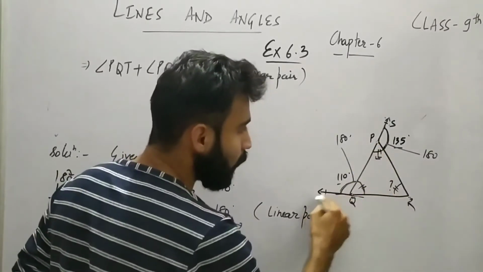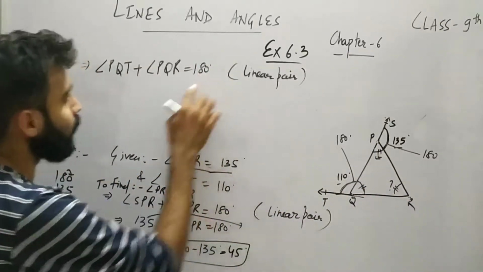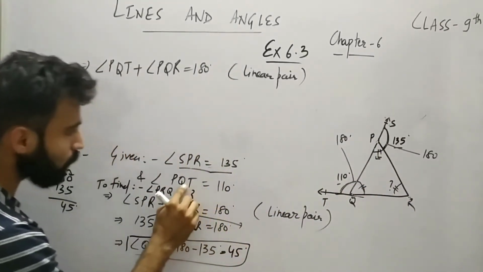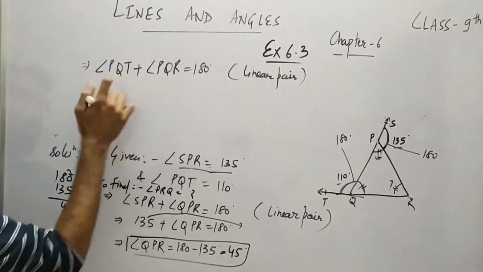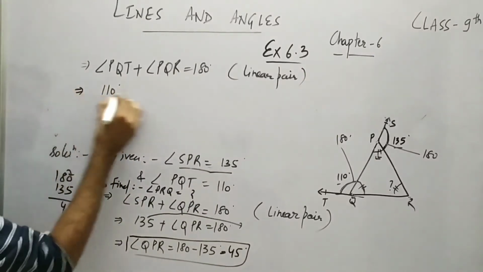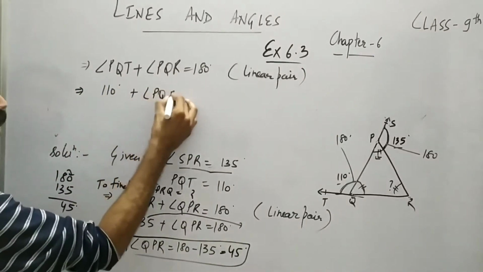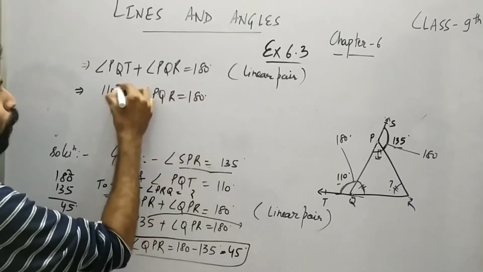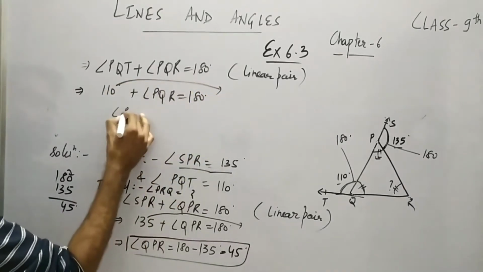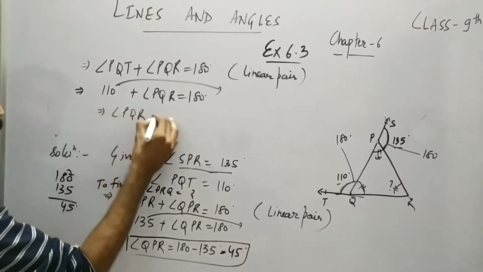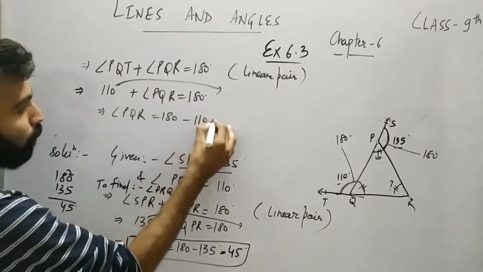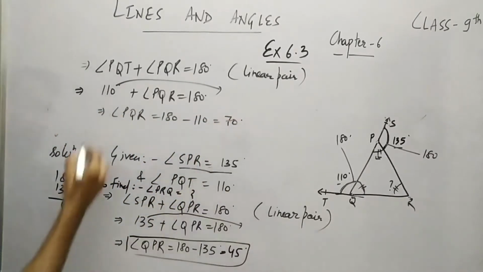So PQT plus PQR is equal to 180, right? Now I simply substitute angle PQT, that is 110 degrees, plus angle PQR equals 180 degrees. Now you all know what we have to do: transfer this over to the right hand side. This will give me angle PQR as 180 minus 110, and that is simply 70 degrees.